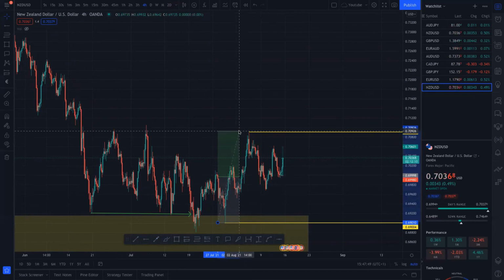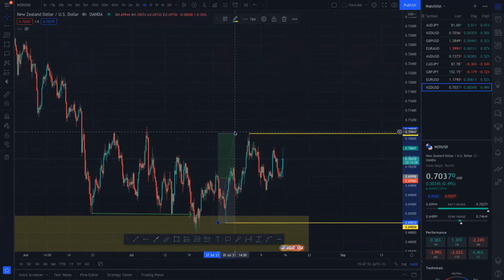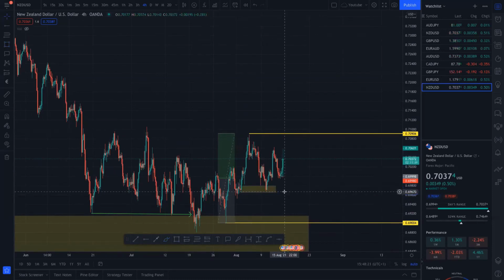Now, if you follow the structure here, what happened? Up, then retrace. I immediately found this order block which broke the structure, but I had already missed that.